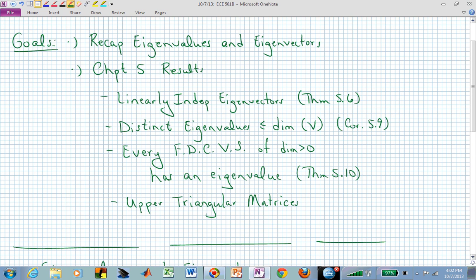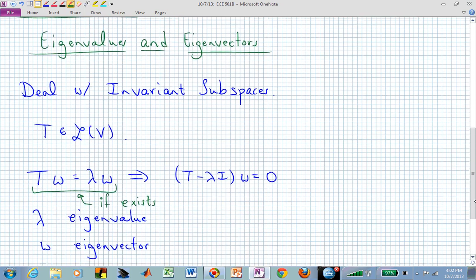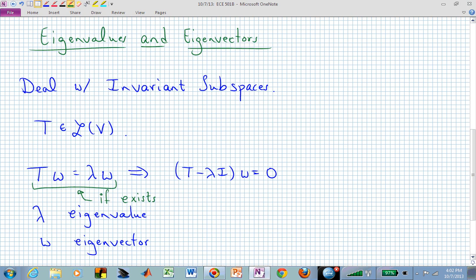But that's one way of thinking about operators, or a matrix representation of operators with respect to this material, eigenvalues and eigenvectors, and what this diagonal and triangular representation allows us to think about. Again, we're dealing with eigenvalues and eigenvectors. These eigenvectors are invariant subspaces. And those invariant subspaces, well, they have nice properties.